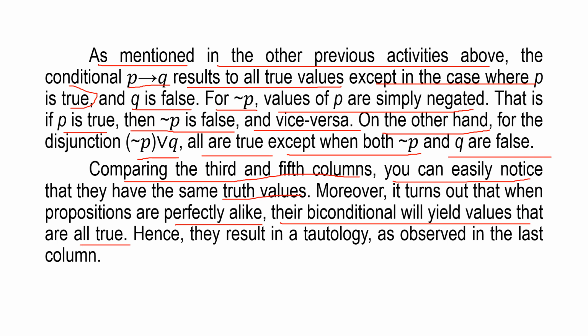Once your propositions are perfectly alike, if they are both true, true, or false, false, then it could be done with your biconditional. Hence, they result in a tautology, as observed in the last column. Again, a tautology is a proposition that is always true.